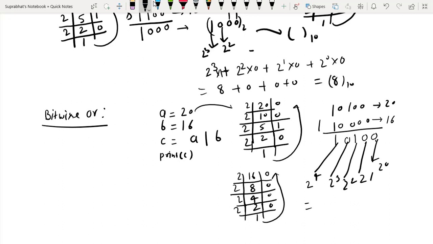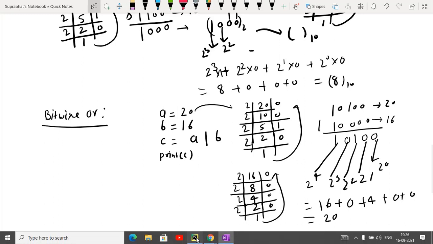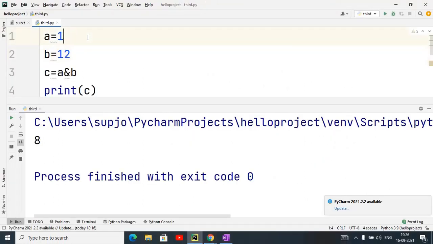So 2 to the power 4 is 16, plus 2 to the power 3 multiplied by 0, that is 0, plus 2 to the power 2 multiplied by 1, that is 4, and 2 to the power 1 multiplied by 0 is 0, and this one also 0. So it is 20, it is giving the output 20. So we will check whether it is right or wrong. This is 20 and this is 16.